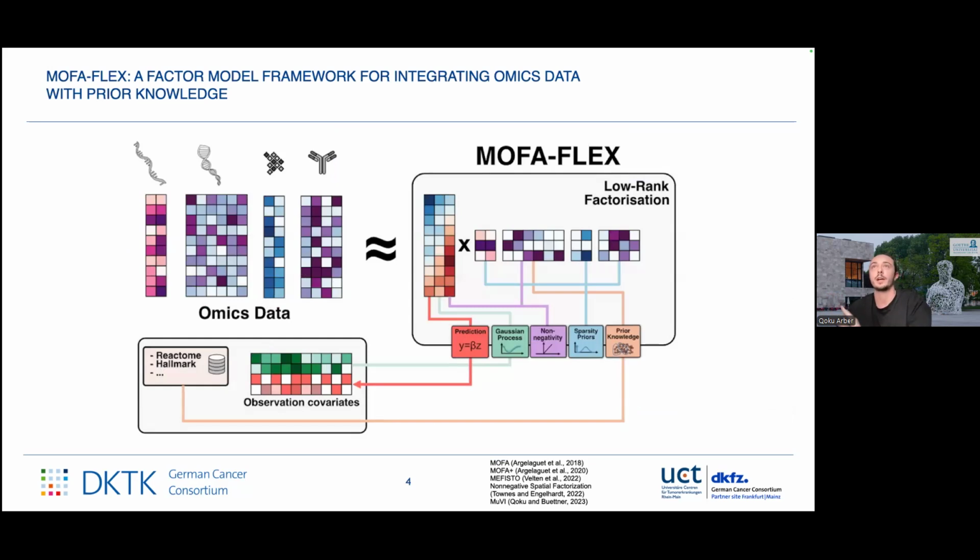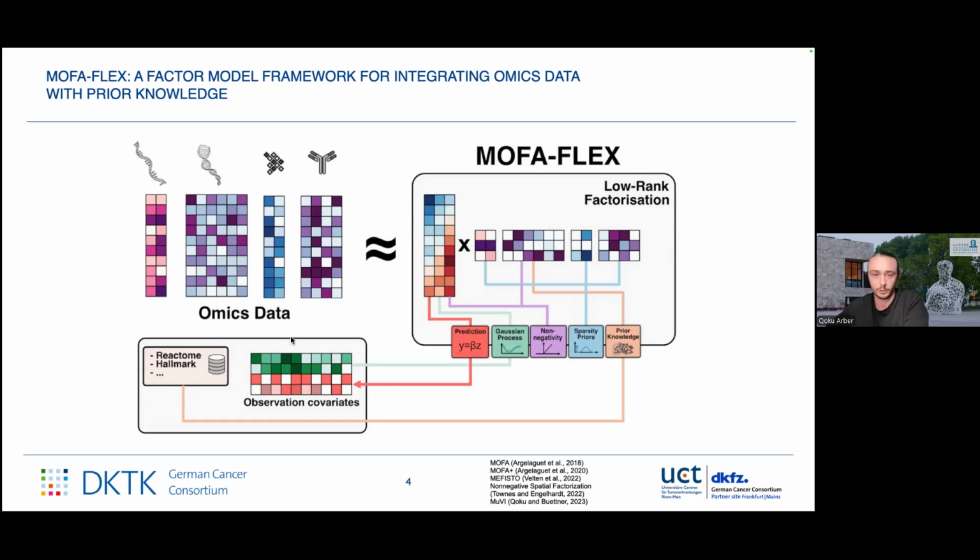So that was the main idea of how to integrate prior knowledge into these multi-omic integration methods. What we then try to do is take different approaches in the community that perform multi-omic data integration and try to bring everything together in one unified framework, which we call MOFA-FLEX.